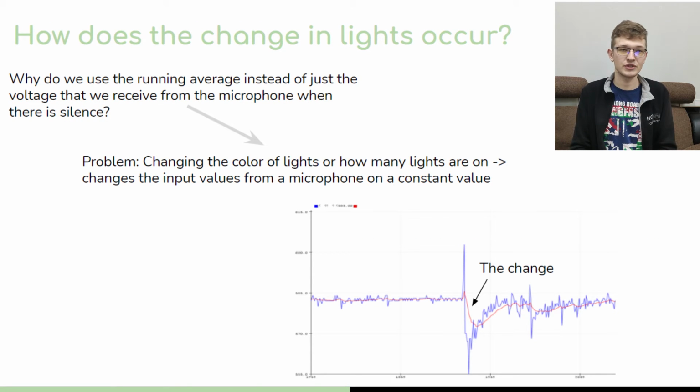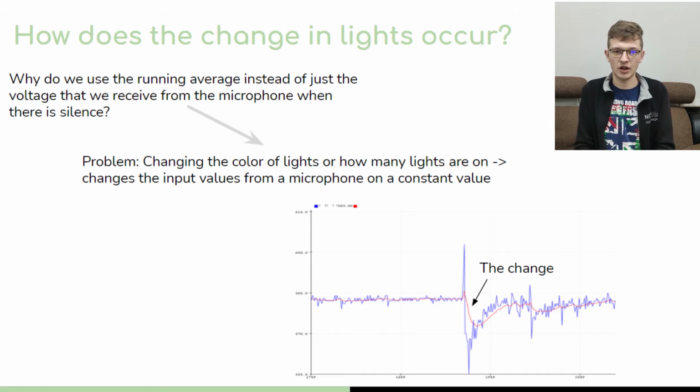But unfortunately, with our project we ran into two problems. The first of them is connected to the running average, right? Why do we use the running average? Why can't we just take a difference from when there is silence? So we have the amplitude when there is silence, and the amplitude when there is sound playing. Why can't we just take a difference between these two amplitudes and that's all?